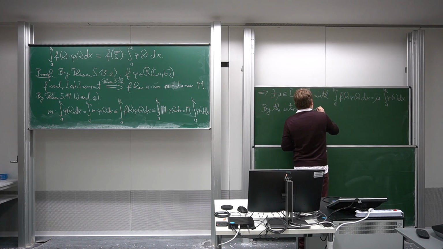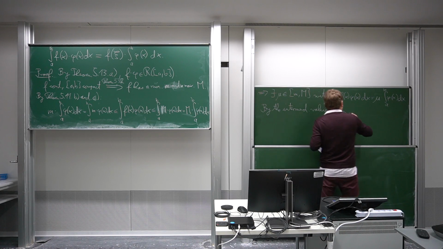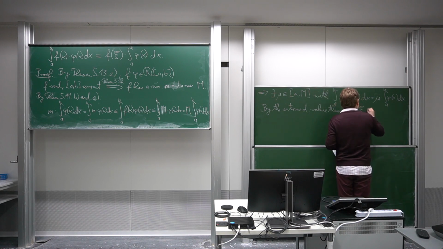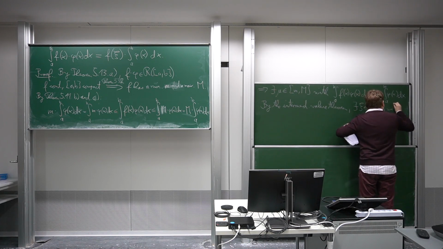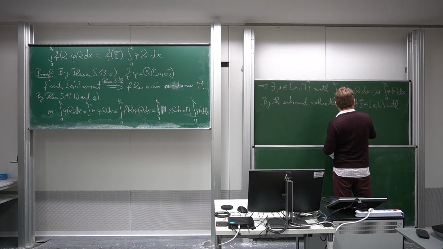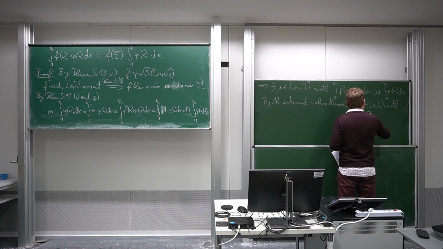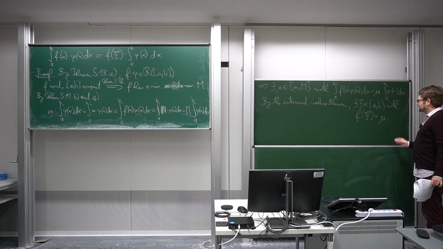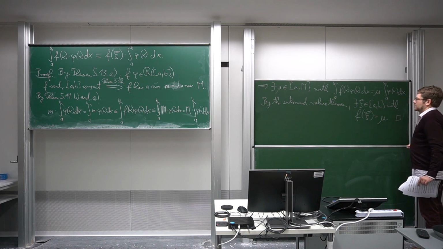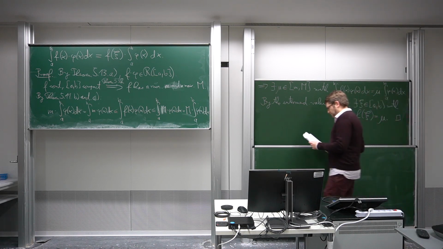So this has to be a value of f, so there exists some xi in the interval [a, b] with f of xi equal to mu. Done. This is all we needed. Okay, this gives us the mean value theorem for integrals.